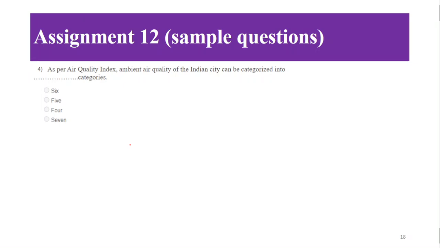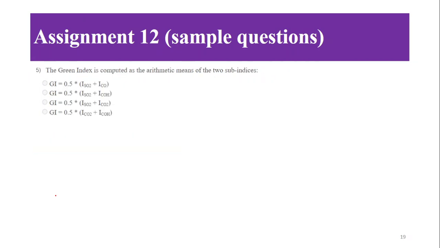We had seen it can be good, it can be satisfactory, it can be moderate, and so on. So how many categories in total are there? So the correct answer here is six categories. It can be good, it can be moderate, it can be satisfactory, it can be poor, very poor, and severe.